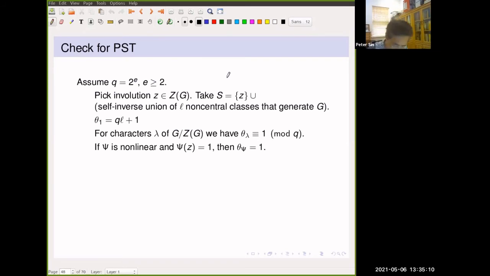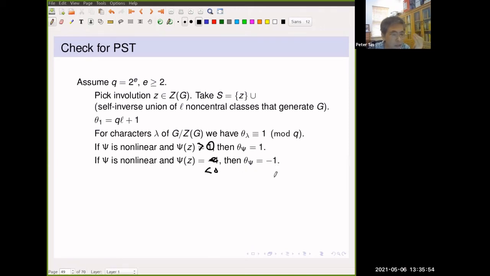So if it's positive, then theta psi will be equal to 1, because psi vanishes on all the elements of S except for Z. So theta psi is just psi of Z divided by the degree of psi. And if it is negative, then theta psi is equal to -1.